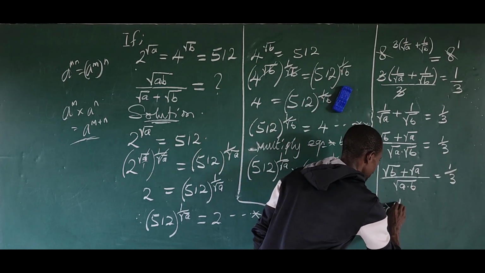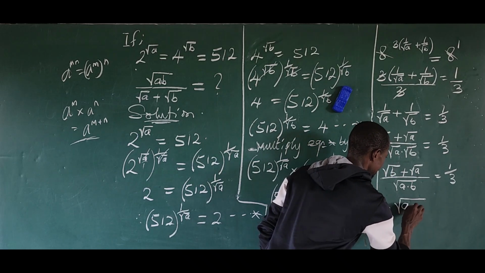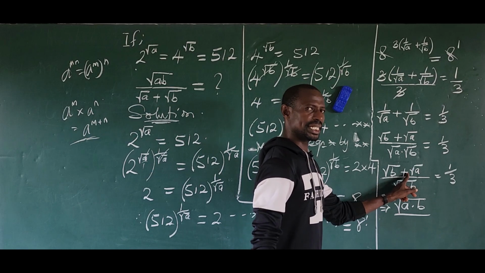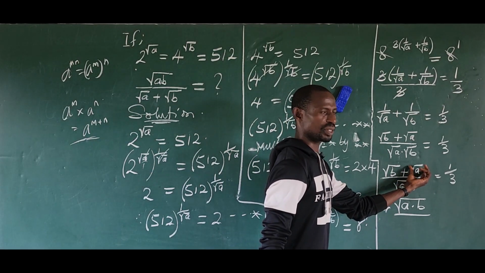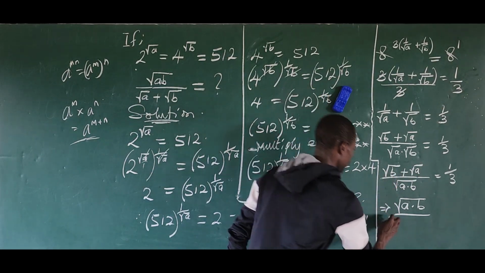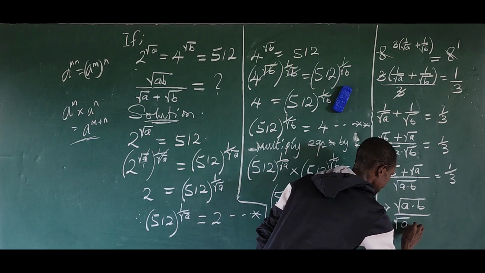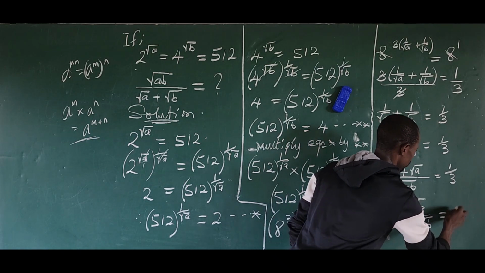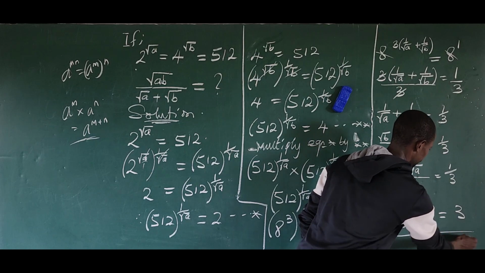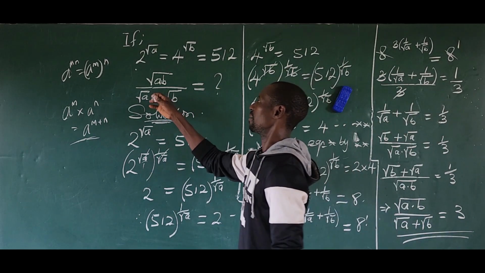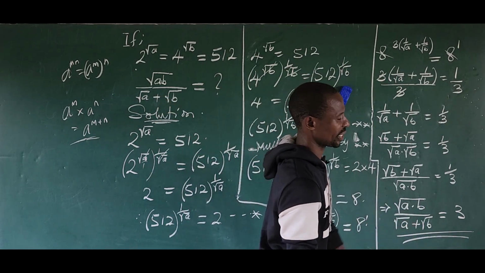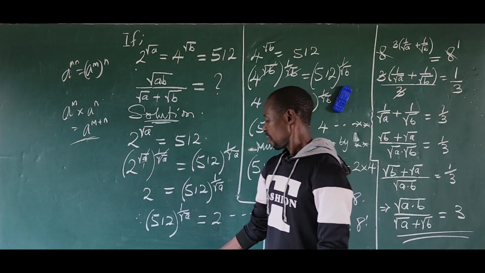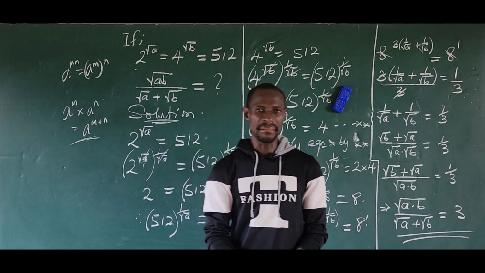So this is going to give us the square root of a times b all over root a plus root b, equal to 3. Look at what we are asked to look for, which is equivalent to this. So this answer corresponds with the first answer we got where we used the first method.